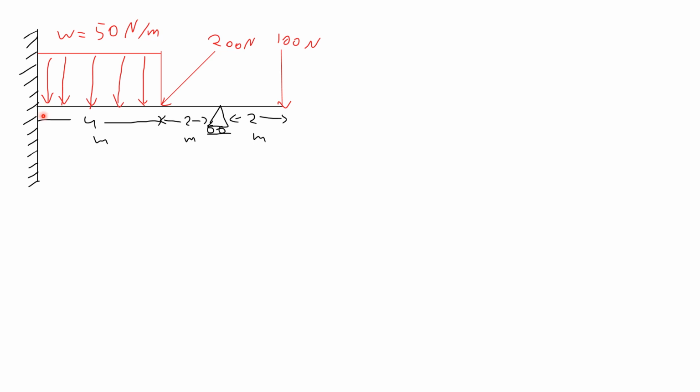Let's draw them. So we got one reaction in the x-axis here, one reaction in the y-axis here, and one moment reaction like this. So we got 3 reactions here.